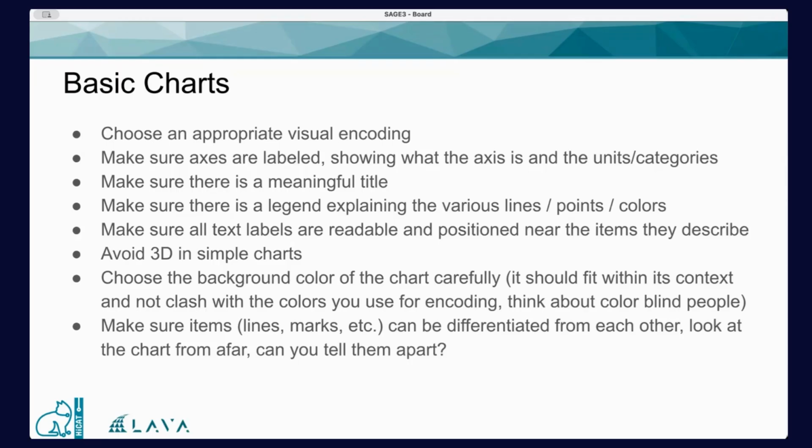So a lot of times the chart is going to be either white or dark if you're using dark mode or whatever. But sometimes you choose different background colors, but you have to be really careful because the background color will affect how you perceive the other colors that you have on the chart. So if your chart is only using black, fine, you can probably use a lot of different colors.